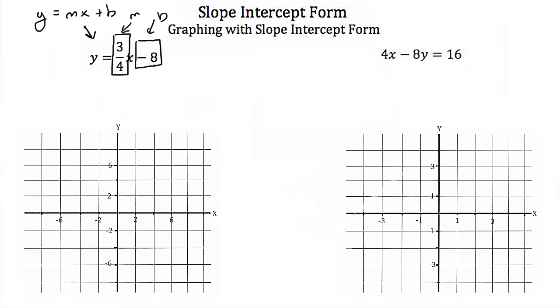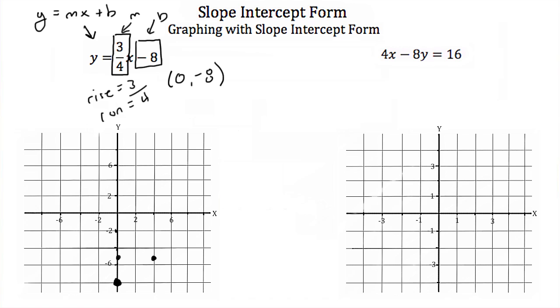So if -8 is our y-intercept, let's go to 0, -8 on our graph, which is way down here. And then our slope is 3/4, or our rise is equal to 3, and our run is equal to 4. So we'll go up 3, 1, 2, 3, and then over 4.